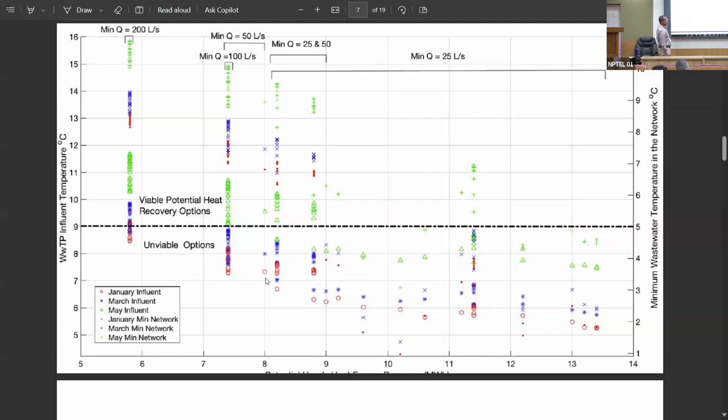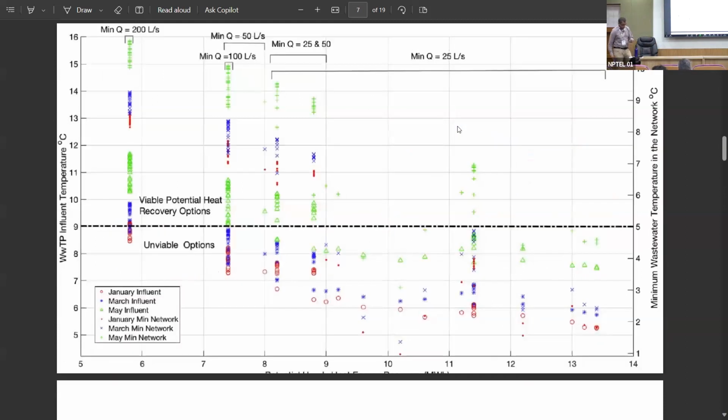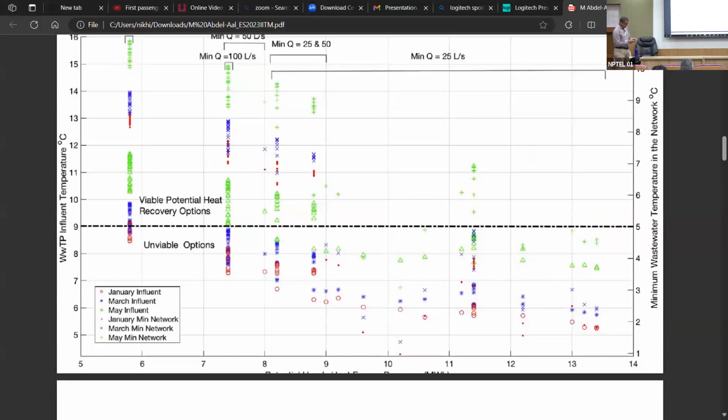What you have on the left side is the temperature of the wastewater going to the treatment plant, and on the right-hand side, the temperature of wastewater in the sewer network. We're talking about a 3,000-pipe sewer network.